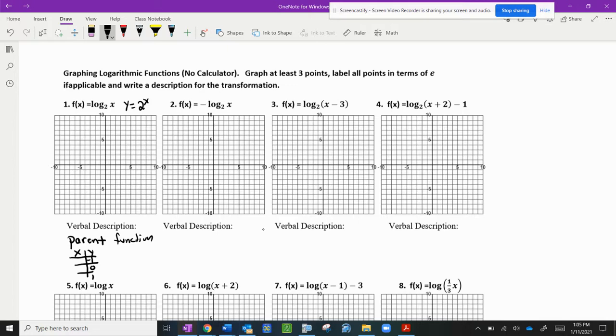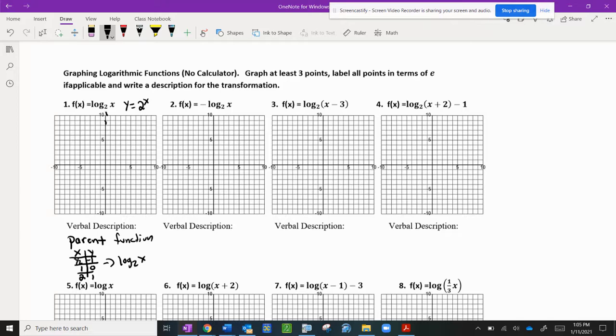So if I plug in negative 1, I get a half. If I plug in 0, I get 1. And if I plug 1 in, I get 2. So these are my parent function points for the log, which are the reverse or the flipped x and y's of the exponential.